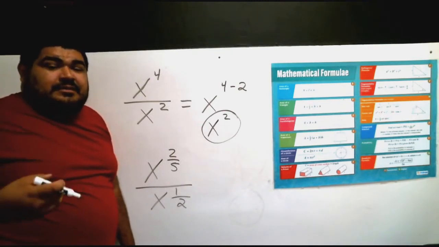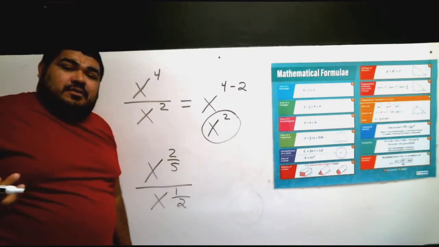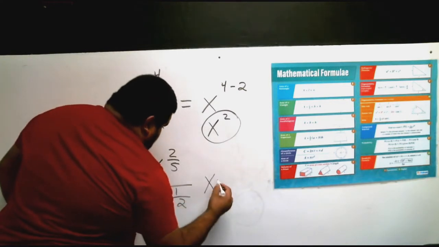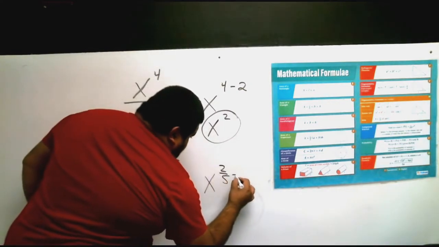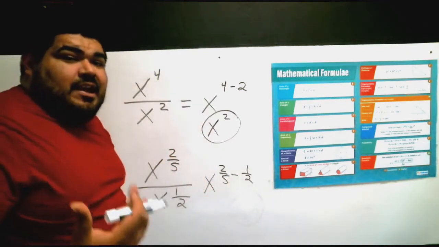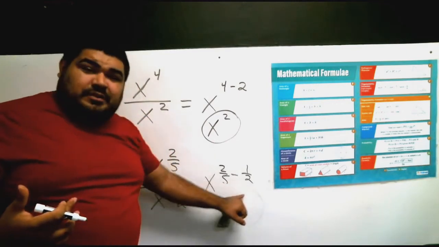Get into that mentality that when the denominators are not the same, you have to alter the fraction. So we have x to the 2/5 minus 1/2. Again, we have to find a common denominator.